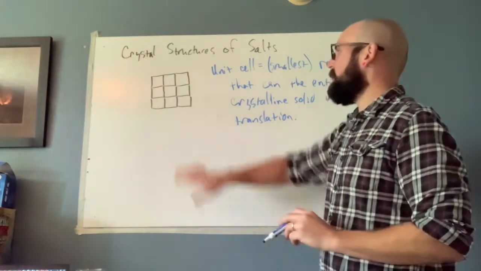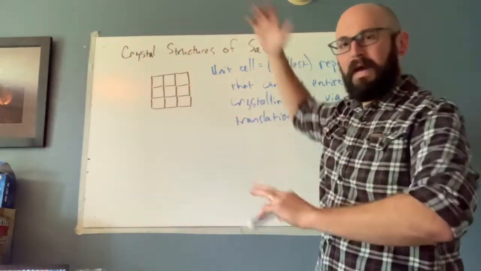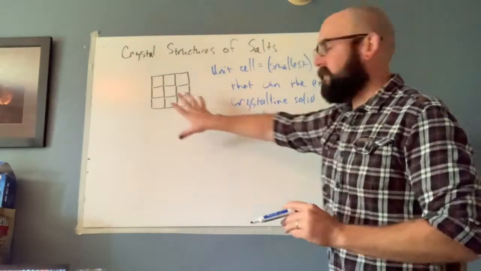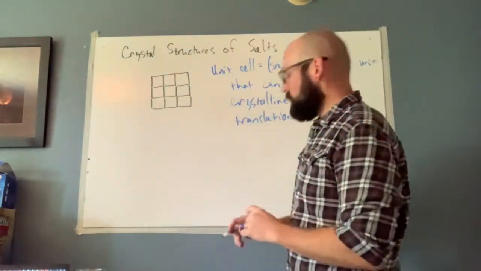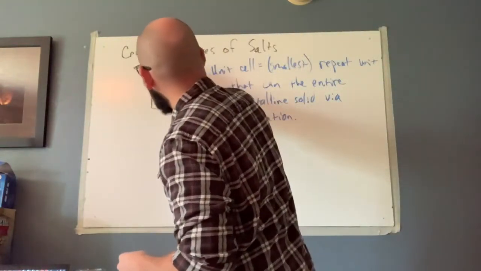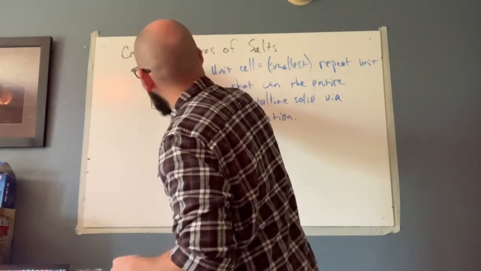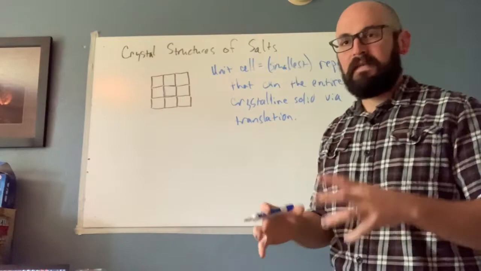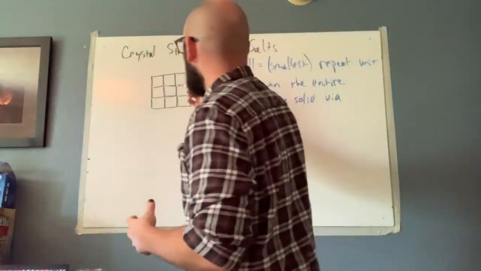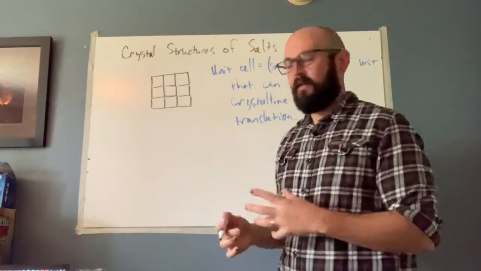For example, if we look at our gridded pattern, and again, if you imagine this extends throughout the entirety of the board, we could choose one of these individual squares and use that square as a generator in order to produce the rest of our system.